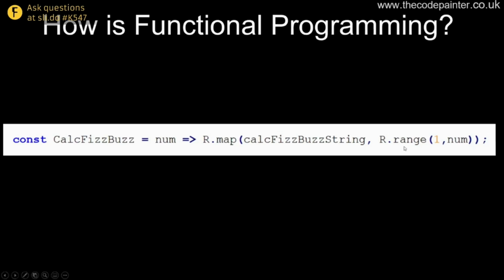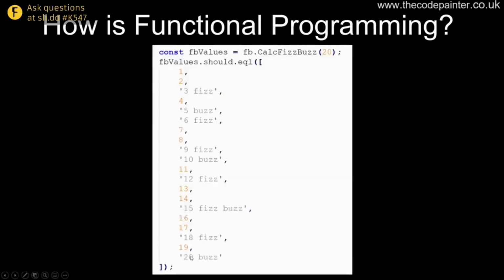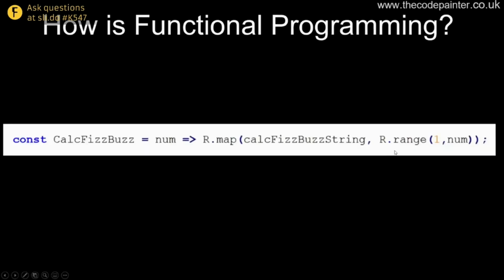Now, the range is saying, generate me an array which has values in it between 1 and whatever num is, whatever the highest number that you want. In my previous example, it's 20. So this is generating us an array of integers between 1 and 20, and then using map, we're feeding each and every one of those into this function here.